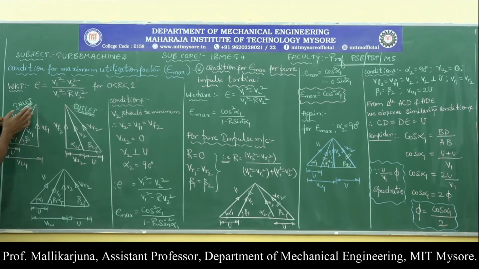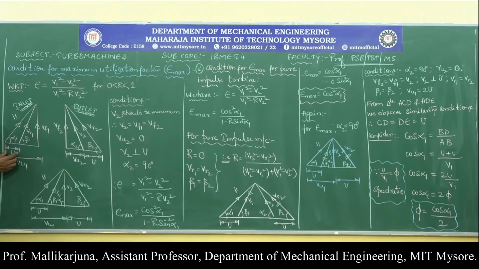Now, V1 has been resolved into two components, one is VU1 and the other one is VF1. This is the vertical component and this is the horizontal component, where VF1 is the flow velocity component of the absolute velocity V1 and VU1 is the tangential velocity component of absolute velocity V1, and then VR1 is the relative velocity component.